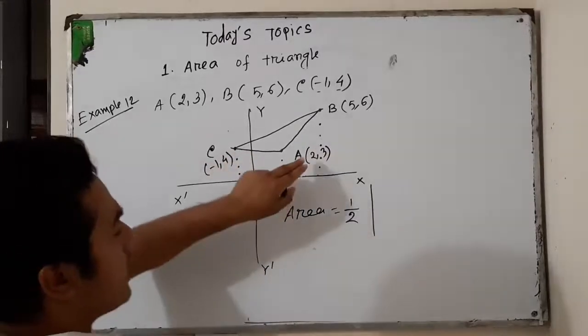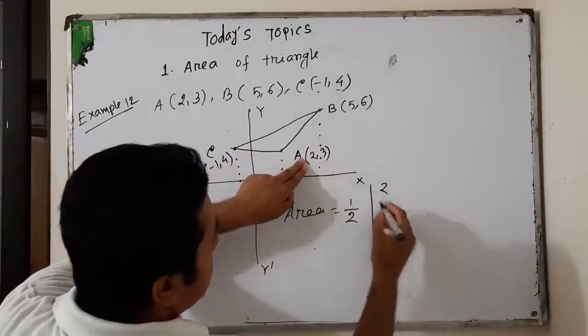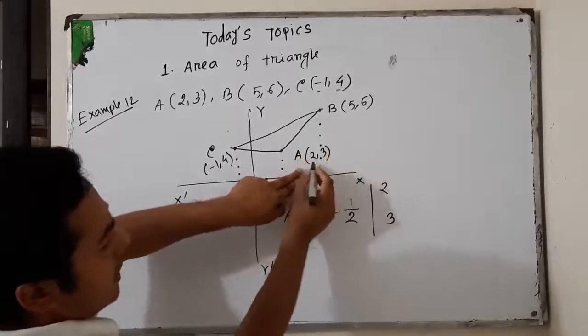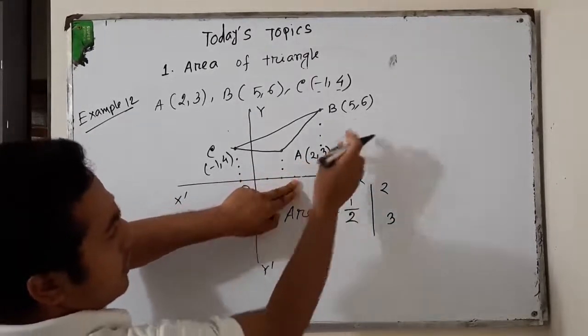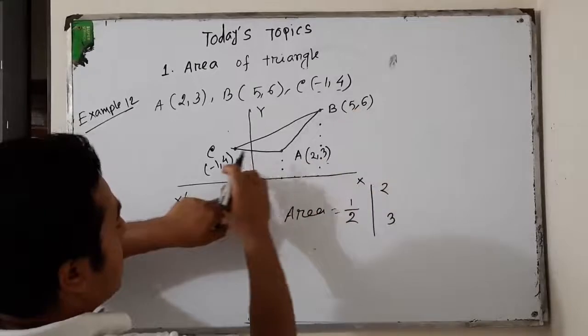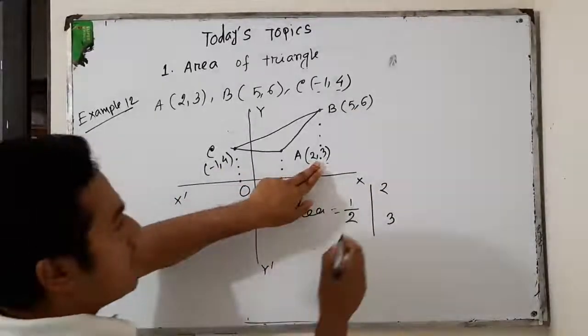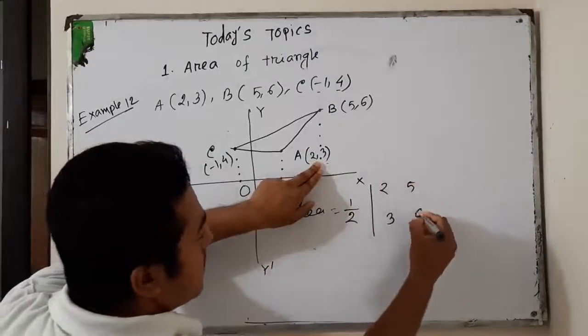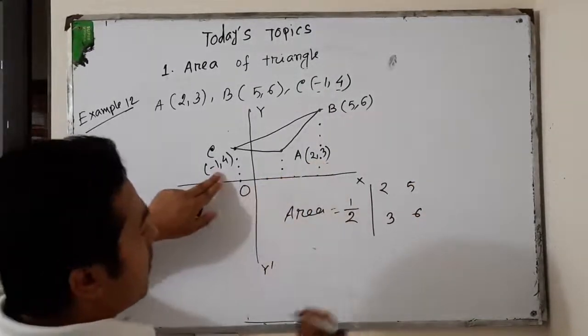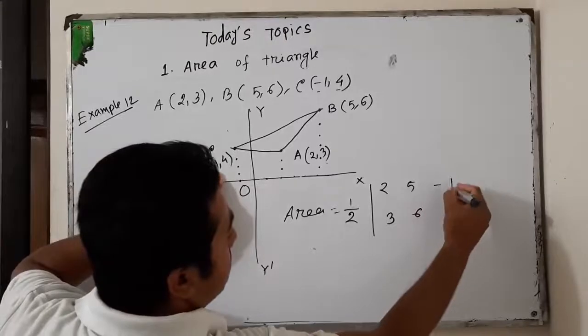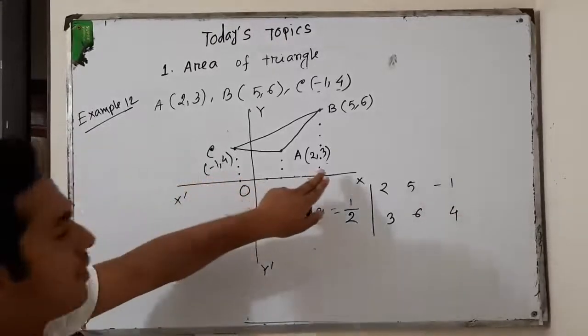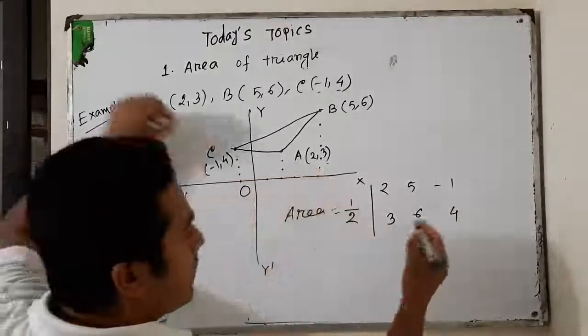You can consider these as x1, y1, x2, y2, x3, y3. Start from the point 2, 3, then 5, 6, then minus 1, 4, and take the starting point again.